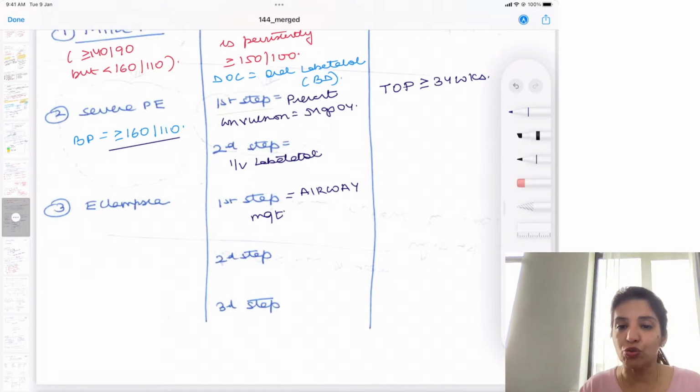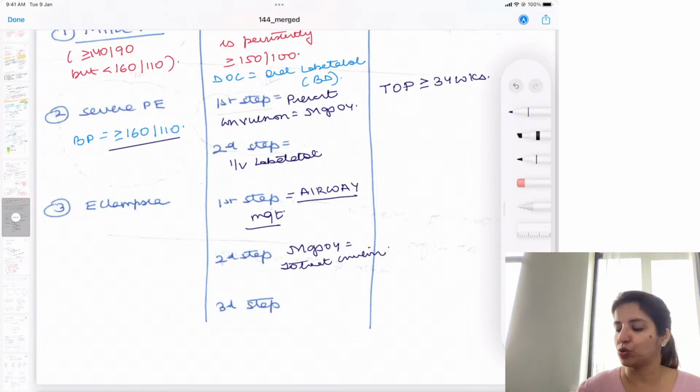For all the medical students, whether you are foreign medical graduate, whether you are NEET PG, the first step is airway management, right? Second step is magnesium sulfate to treat convulsions, and simultaneously we will give her an antihypertensive also.